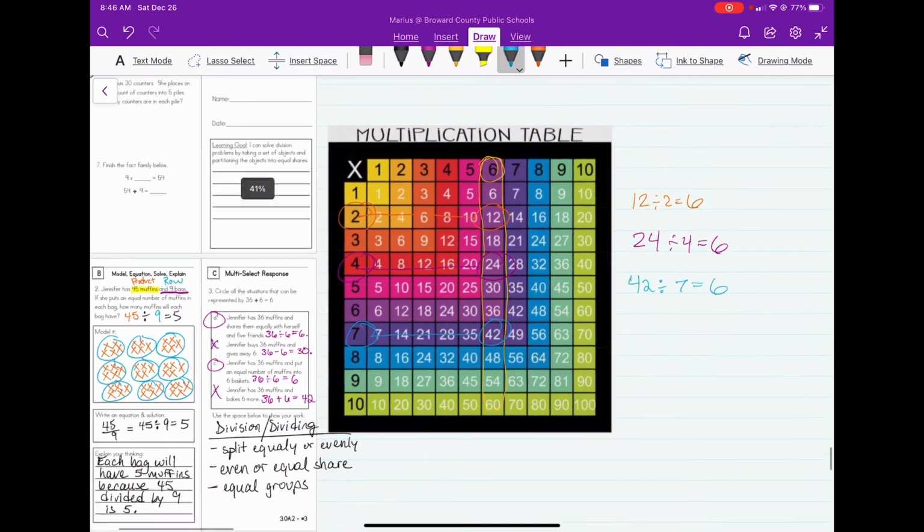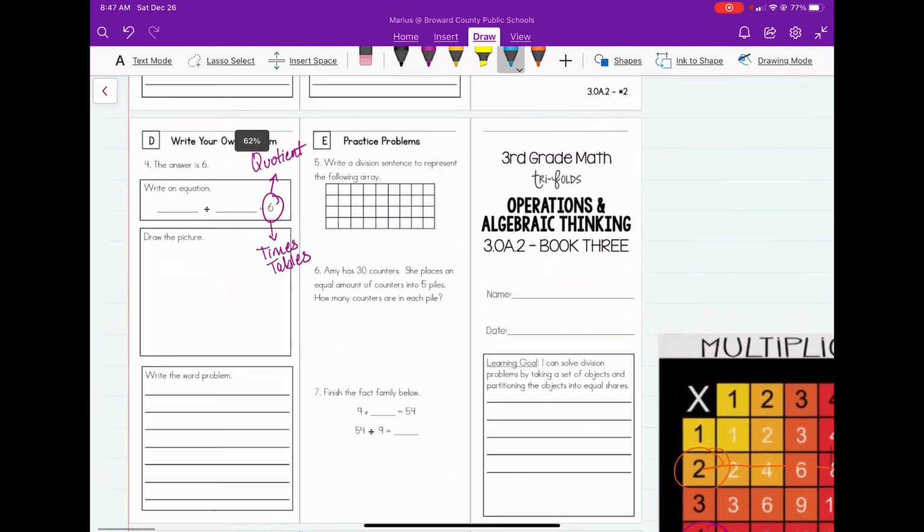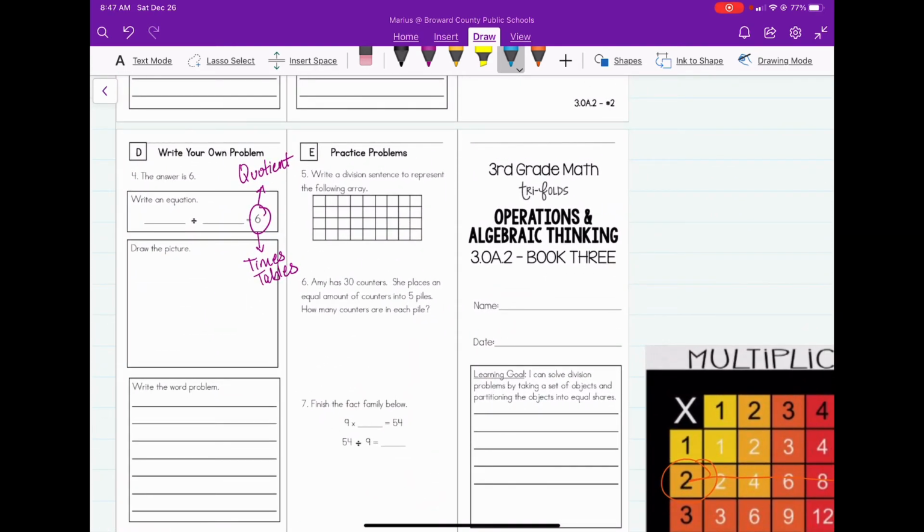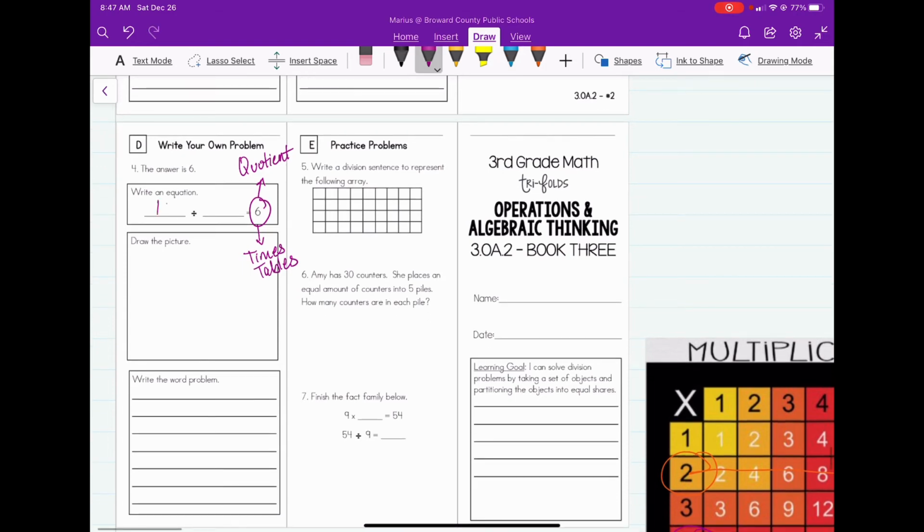And there's more than one right answer here. We're just going to go ahead and pick one. I'm going to use a different one over here. I'm going to say 18 divided by 3 is 6. Okay.